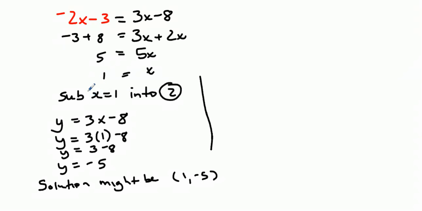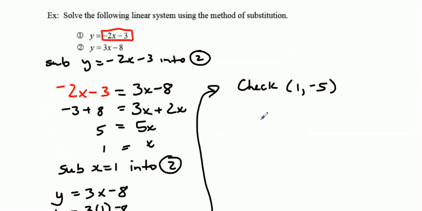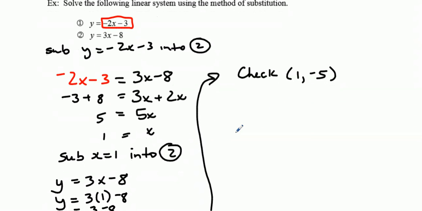We need to check. So we're going to check the point 1, negative 5, and we always check in the original equations. Well, we didn't really manipulate our equations because we didn't have to, because our variables were already isolated. But in subsequent examples, we will be isolating and changing equations. So always make sure that you go back to your original, whatever was given, and check.